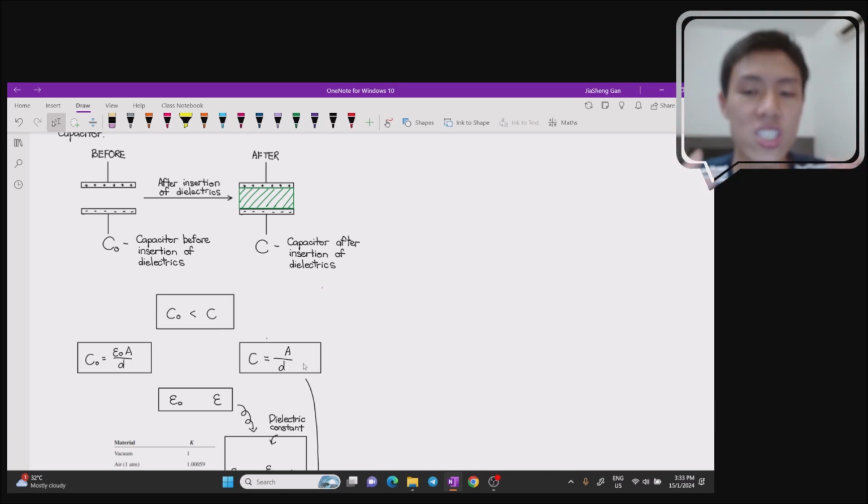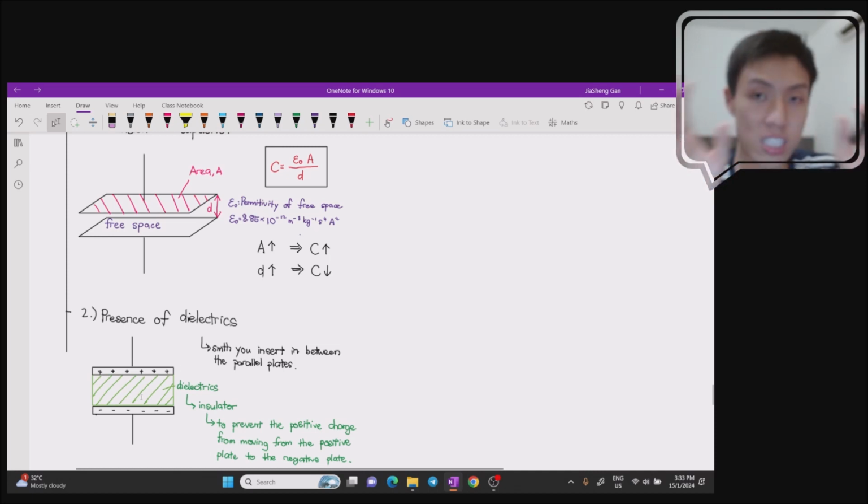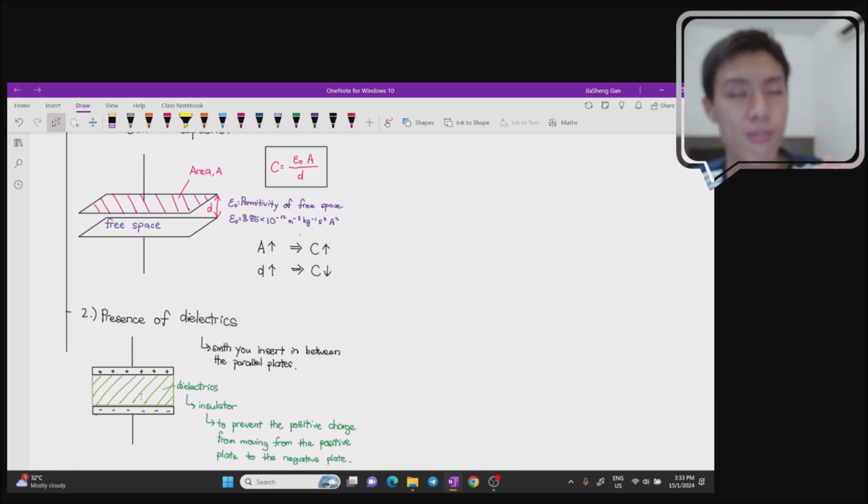So what has changed right now is the permittivity. Initially here it was free space, and for free space we know the permittivity is 8.85 times 10 to the power negative 12. But is it the same once you insert the dielectric in between? No. Because you insert a different kind of material, the permittivity of that space will change.